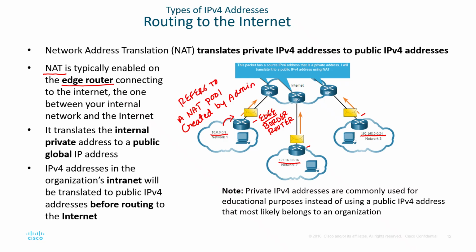So what we do is we say, out of our public assignment, out of however many public addresses we have, you decide how much you want to give up for NATing procedures.